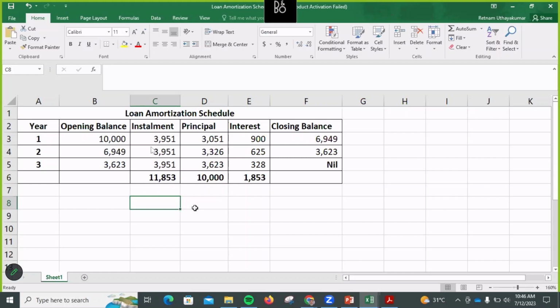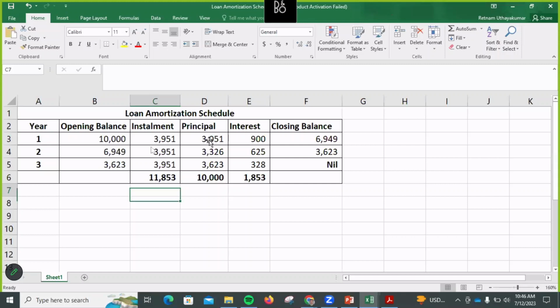Only 1,853, because the interest is calculated on the net due, not on the opening balance again. So when the installment is paid, the interest rate is calculated on the balance, not on the whole amount.